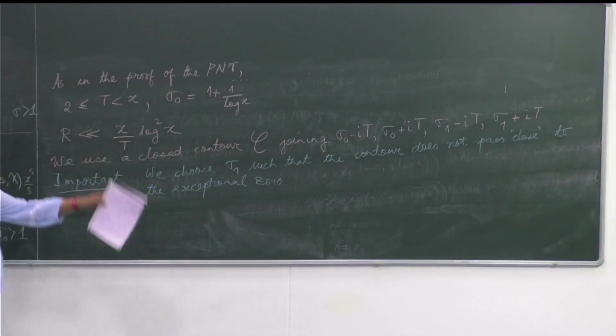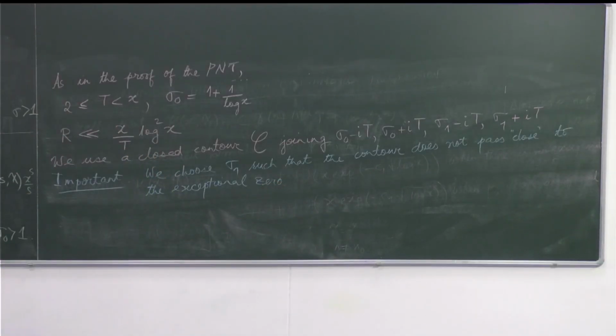So when I say close, I can use the results that we talked about yesterday. Where can the exceptional 0 not be? All right, where can it not be? So now we are going to do a case-by-case work on this theorem.